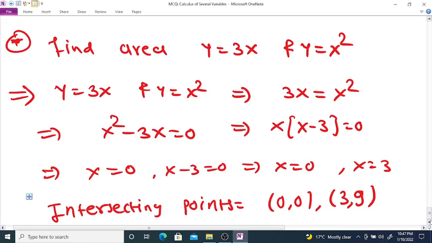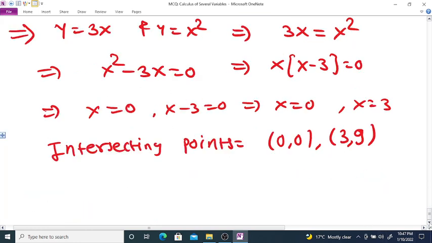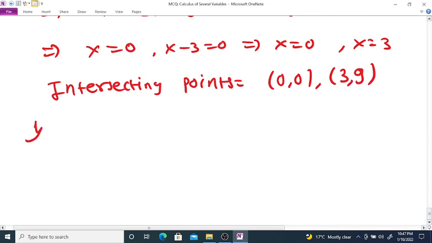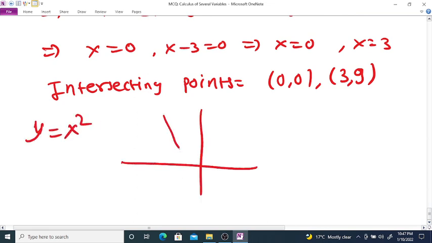So the area is equal to, since y equal to x square is the equation of a parabola, and this is y equal to 3x, the equation of a line.